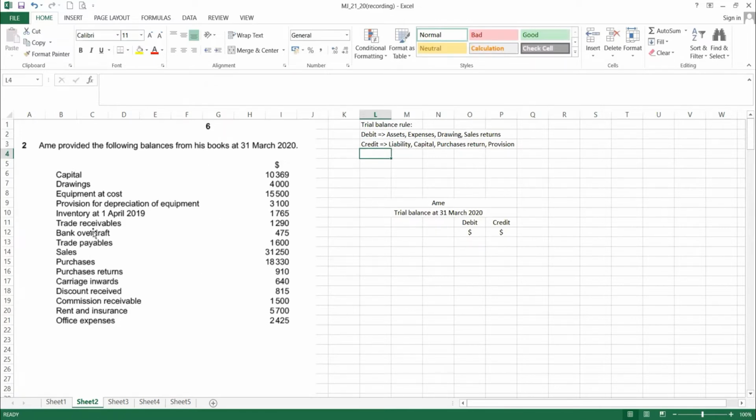So now based on this information, we have to know which section all these accounts belong to.